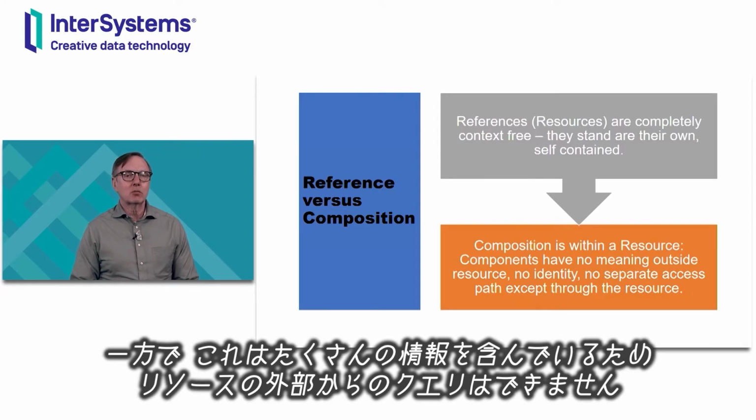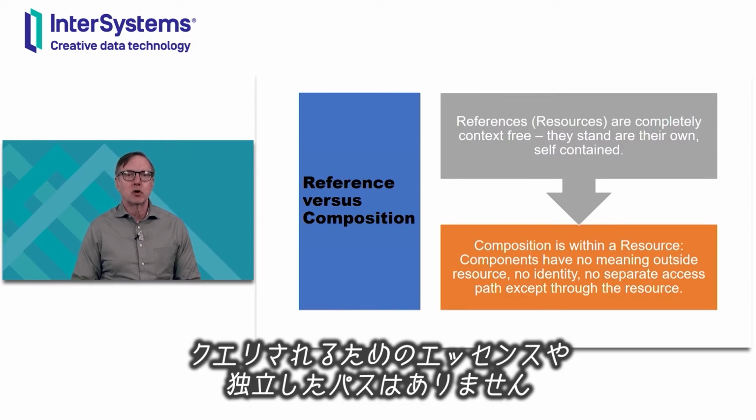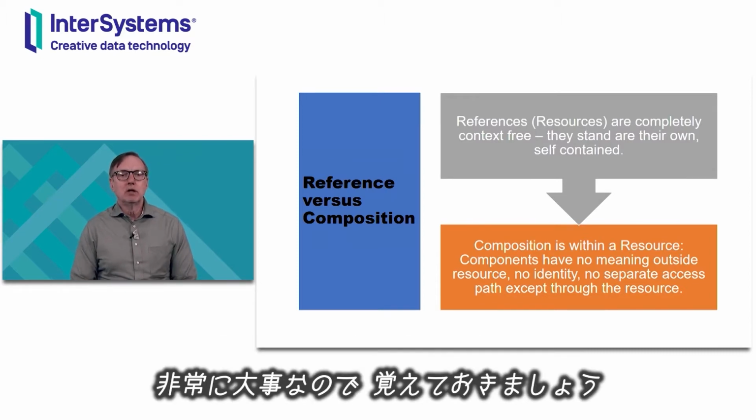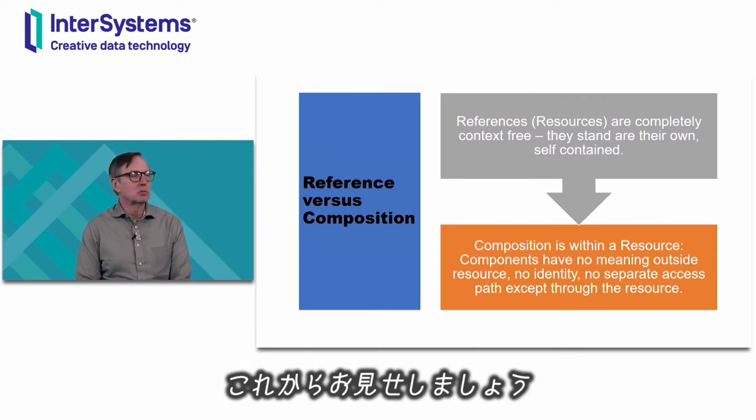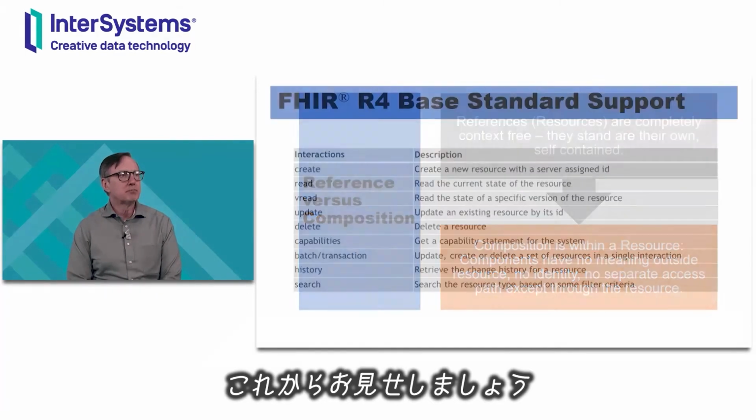While they contain a great deal of information, you can't query them outside of the resource itself. They don't have, in essence, a separate path to being queried. So that's very important to keep in mind, and you could do this basically through different search parameters that I'll be showing you.